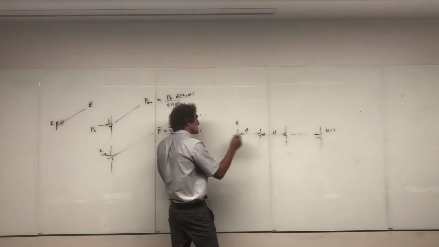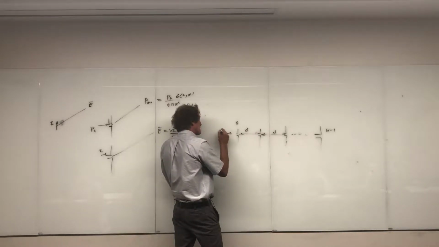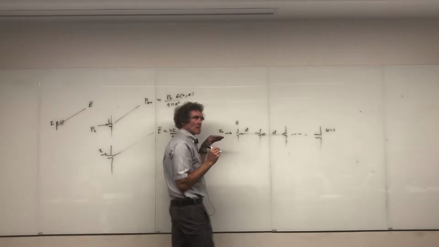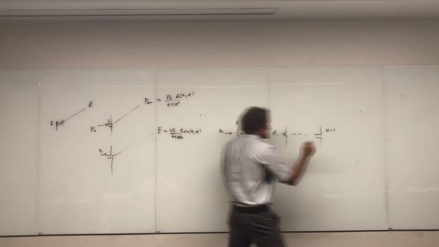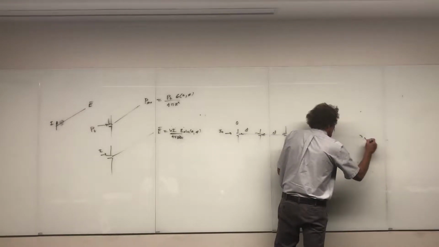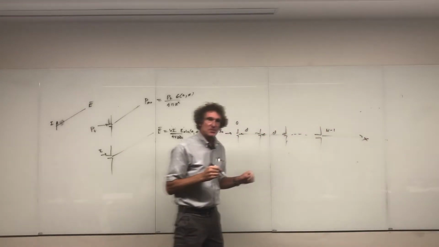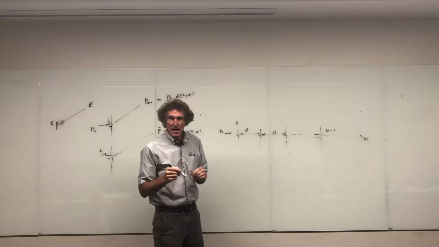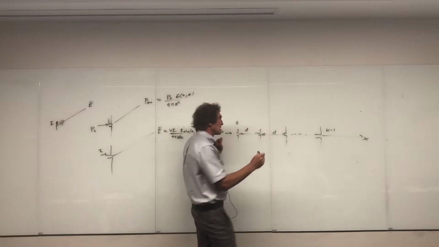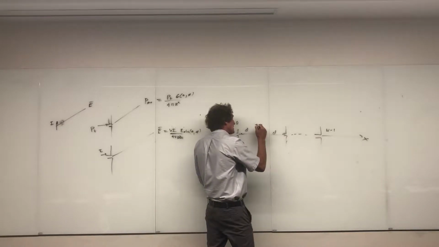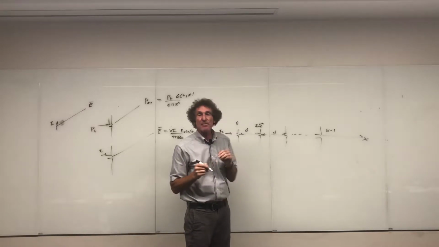Each one of these things is going to have a current I naught, all right? But what I'm going to do is the classic way of doing array theory. The array is along this axis. It doesn't matter if you call it x, y, z. We're assuming isotropic elements. The first element has just I naught. The second element is going to have I naught e to the j alpha, so it's going to have a phase difference.